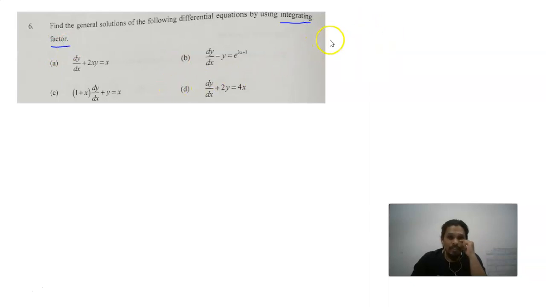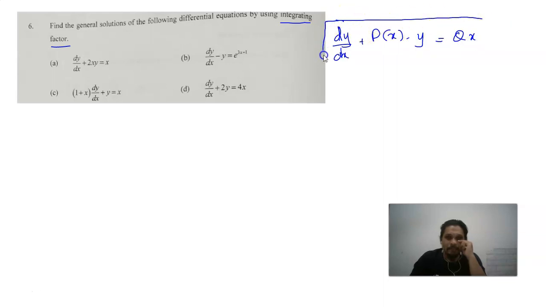Before we continue with the questions, this is the general equation: dy/dx plus P(x) times y equals Q(x). This is the form that we must get.